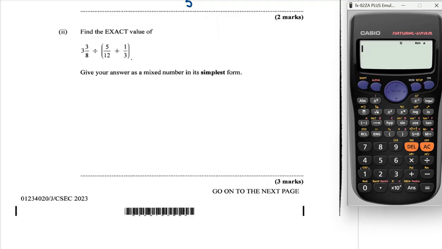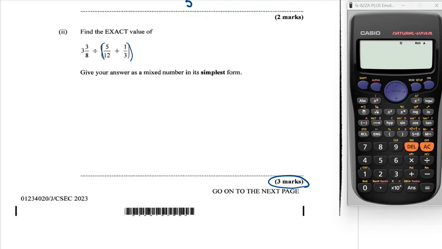So find the exact value of 3 3/8 divided by (5 over 12 plus 1 over 3). Give your answer as a mixed number in its simplest form. So we see a bracket here. So we can work out what this bracket gives us.